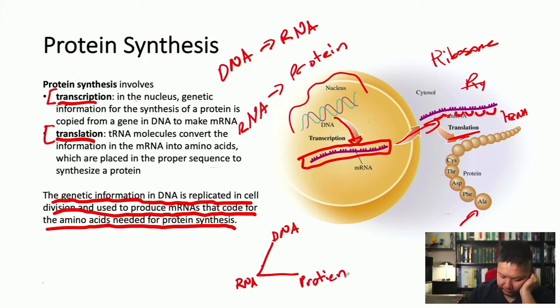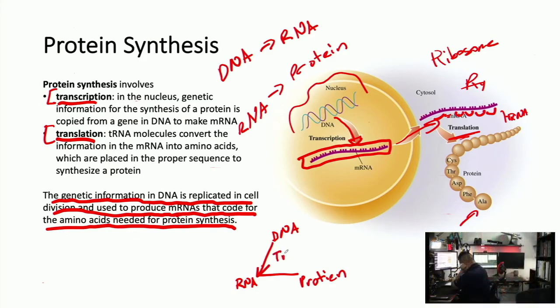So DNA can become RNA based on transcription. And then RNA can become protein because of translation.